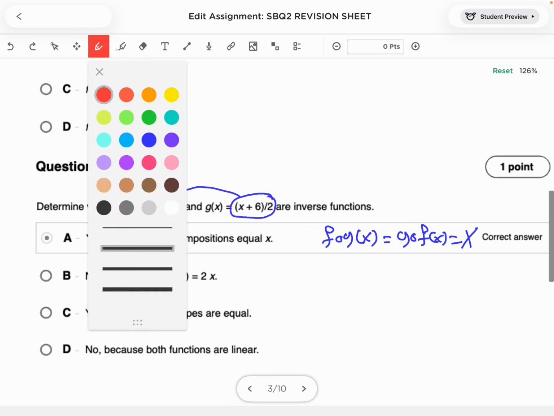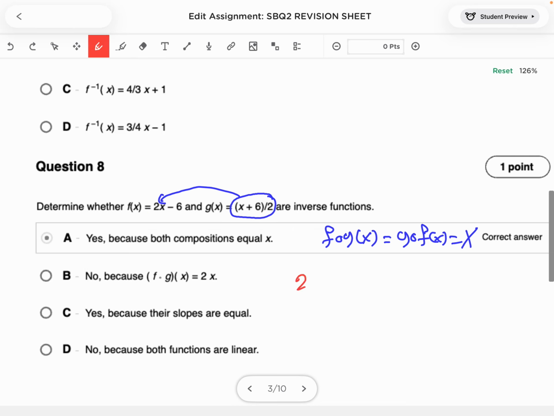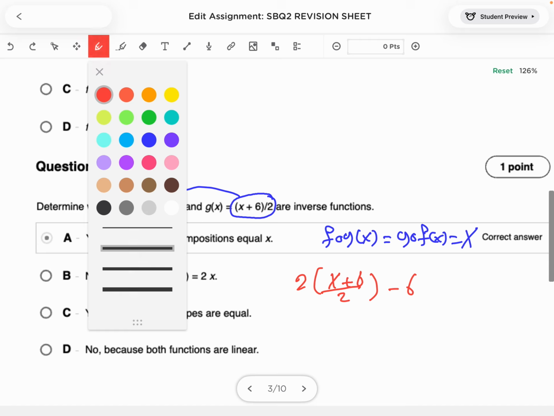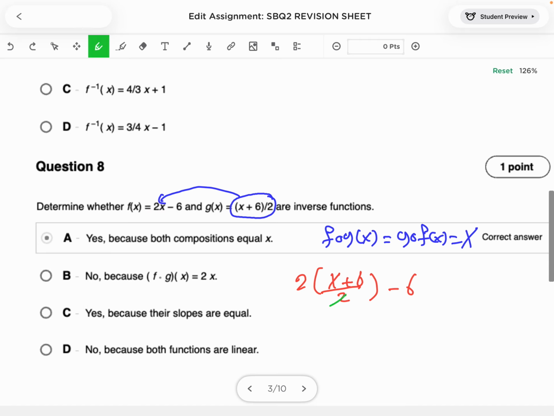So it will be 2 times x plus 6 over 2, minus 6. I have to check whether it's equal to x or not. 2 with 2 are cancelled. So I will have x plus 6 minus 6, and the answer will be x.